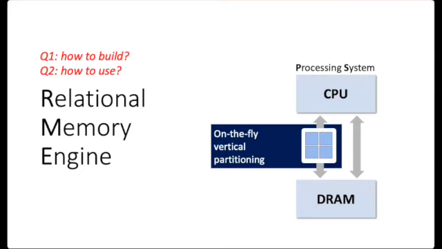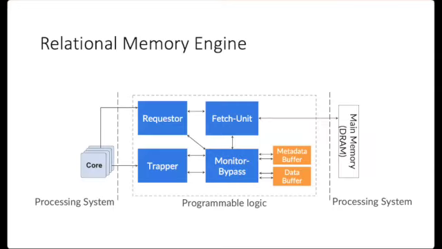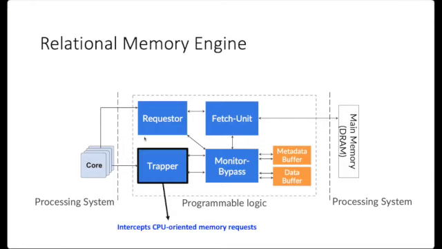Now I'm going to move to how to build such a machinery. Relational memory engine sits on the programmable logic between the CPU and memory. There are 4 major components: Requestor, monitor bypass, requester, and fetch unit. First, the trapper is the interface between CPU and the relational memory engine, and it intercepts the CPU-oriented memory request to ephemeral variable.